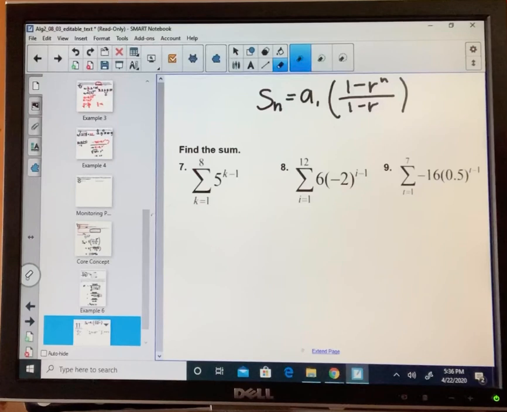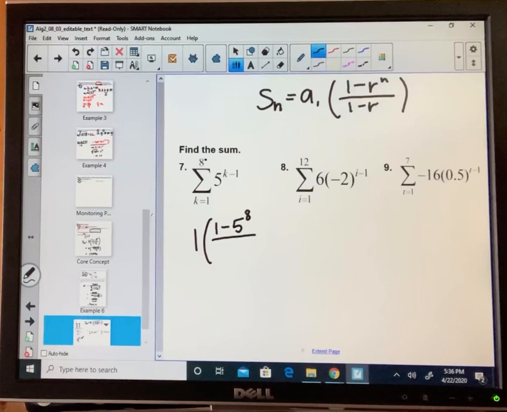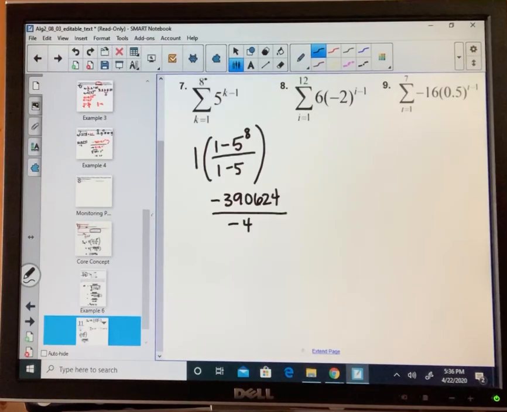If I plug in 1, I'd get 1 times 1 minus 5 to the n, which is 8, over 1 minus 5. 1 minus 5 to the power of 8, negative 390,624 divided by negative 4. And I get 97656.